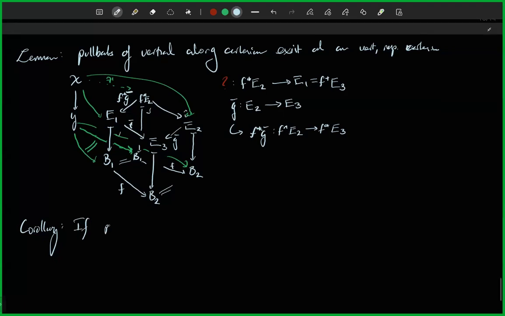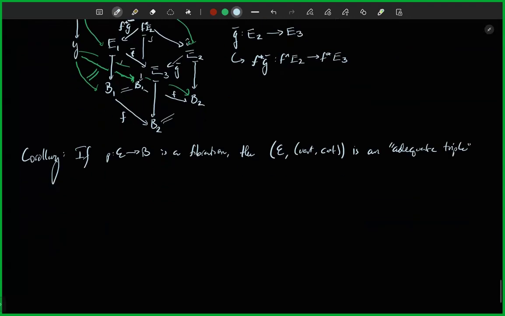If P, E to B is a fibration, then E vert cart is what is known as an adequate triple. And an adequate triple here is just something that you can take spans in.